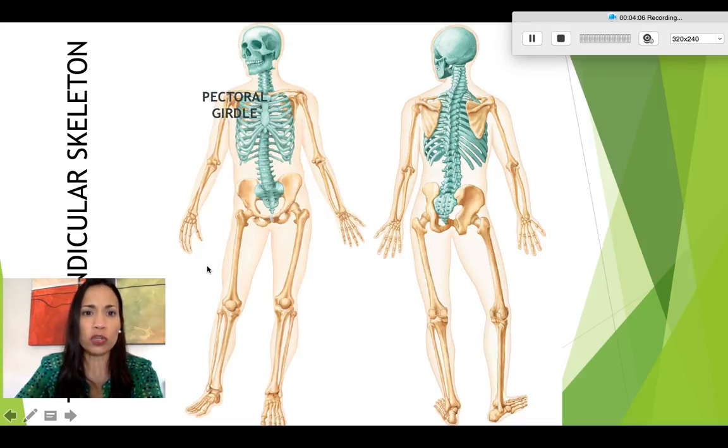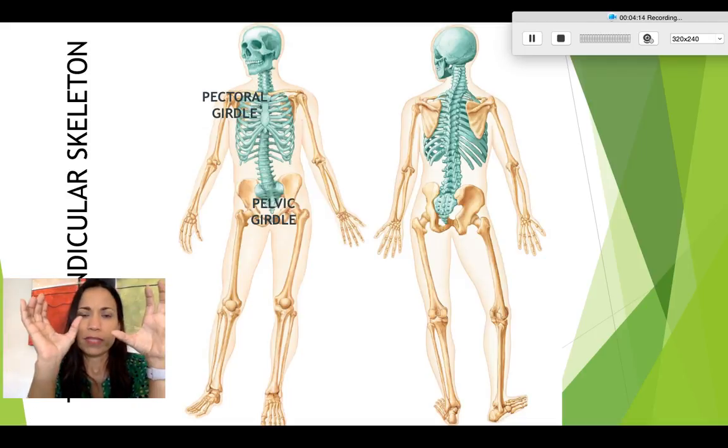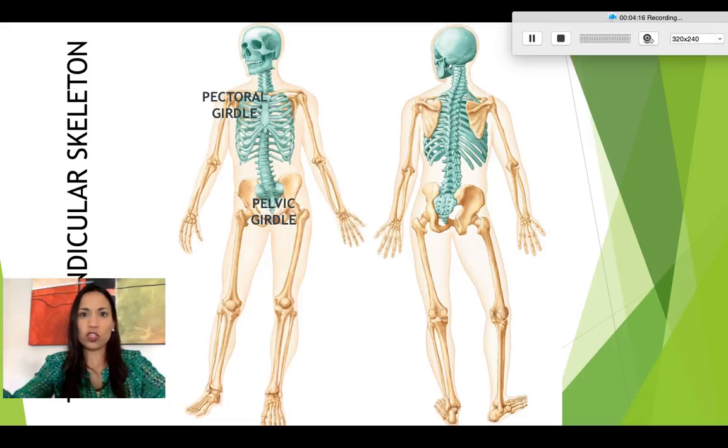So we're going to describe two girdles, the pectoral and the pelvic girdle. A girdle is a belt, okay? It's something that encircles an area in the body. That's a girdle. And we have two, on your chest and at the level of your hips, the pectoral and the pelvic girdle.